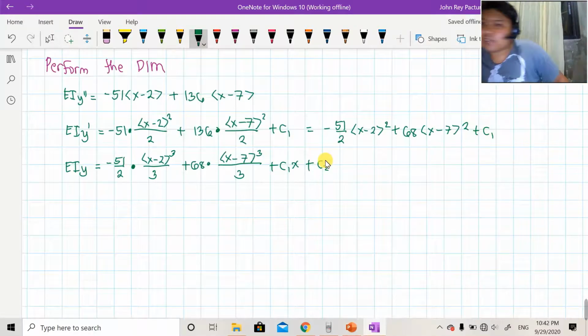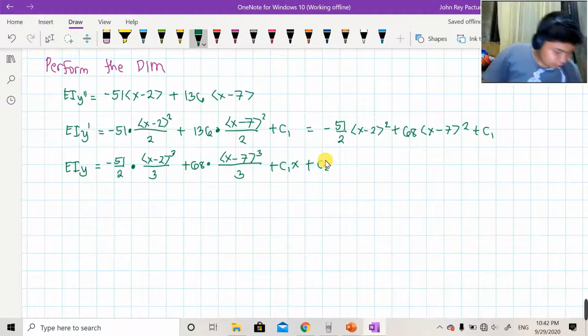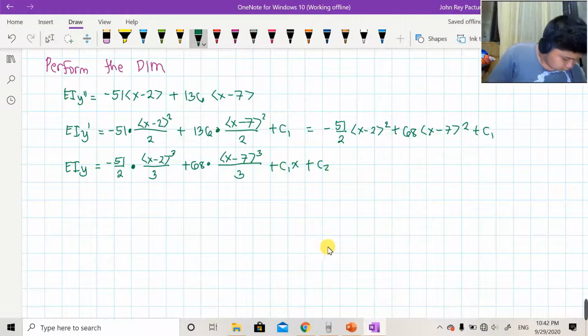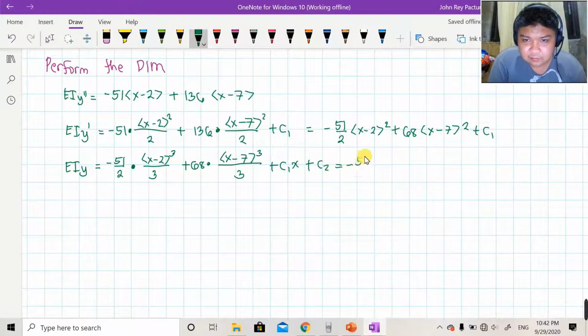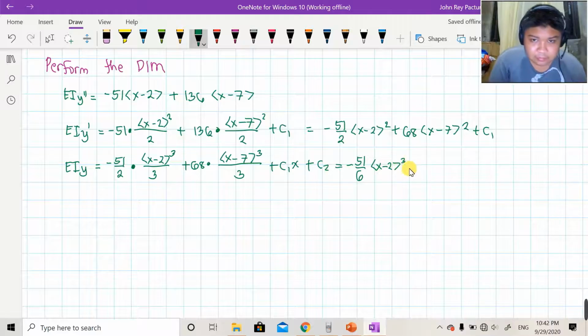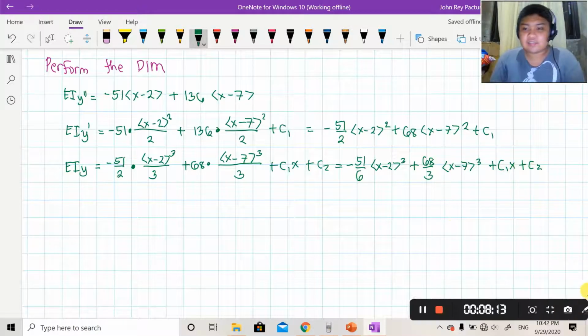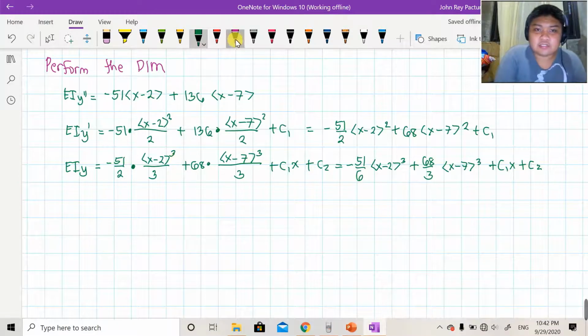So, to solve for that, what will happen is, wait lang, the equation will be negative 51 over 6 times (x minus 2) to the third power, plus 68 over 3 times (x minus 7) to the third power, plus C sub 1 x plus C sub 2. So there, class, we have finished our double integration method.